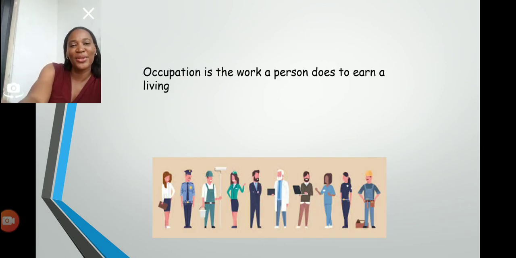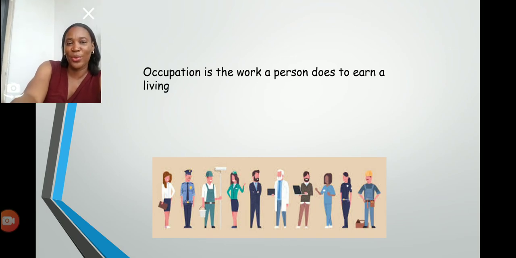First, I'd like you to know that occupation is the work a person does to earn a living. The work that a person does to earn a living is called occupation. The work a person does to be able to pay his bills or her bills is called occupation. A work that a person does and is known for is called an occupation.